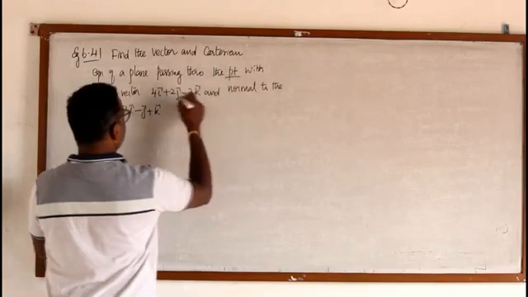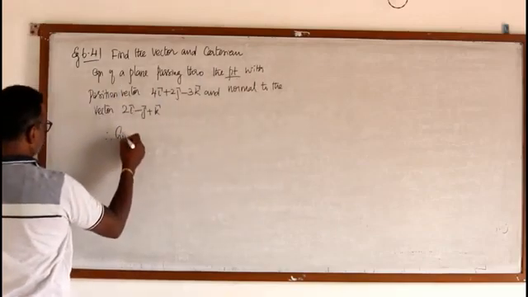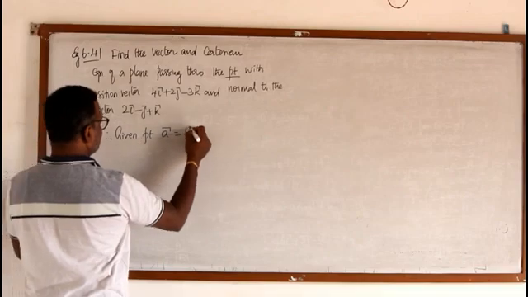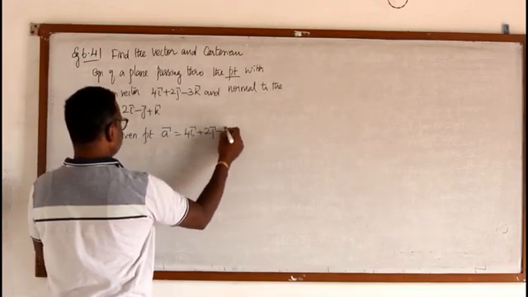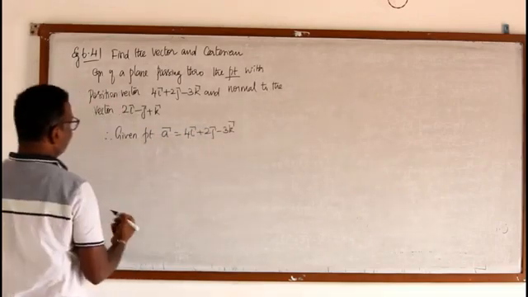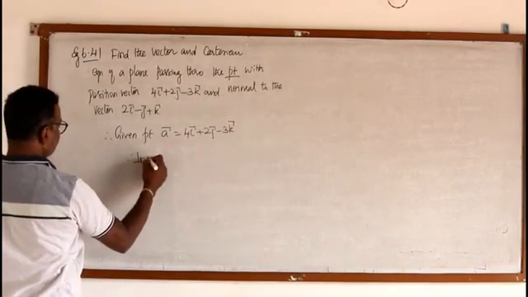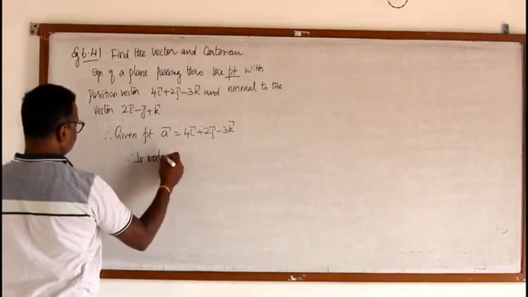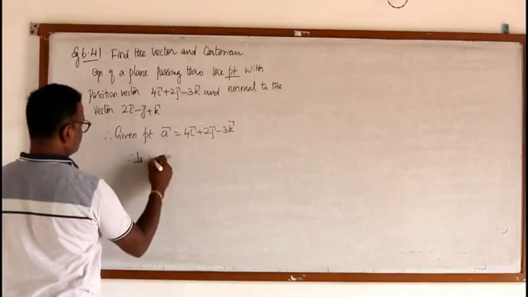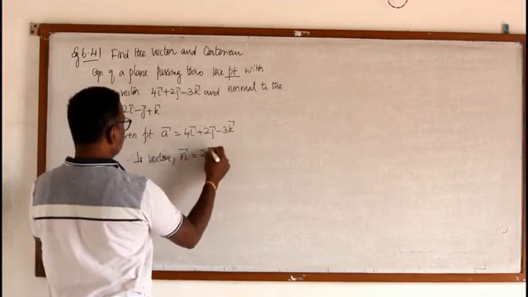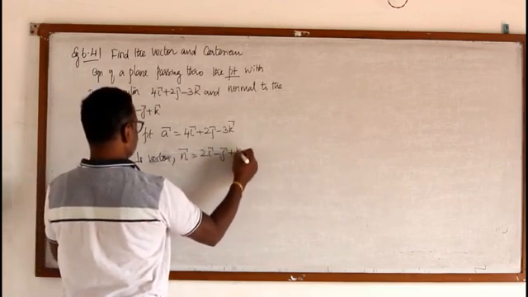So passing through a point, so the given point a vector equals 4i plus 2j minus 3k, and normal means perpendicular vector, therefore n vector is 2i minus j plus k.